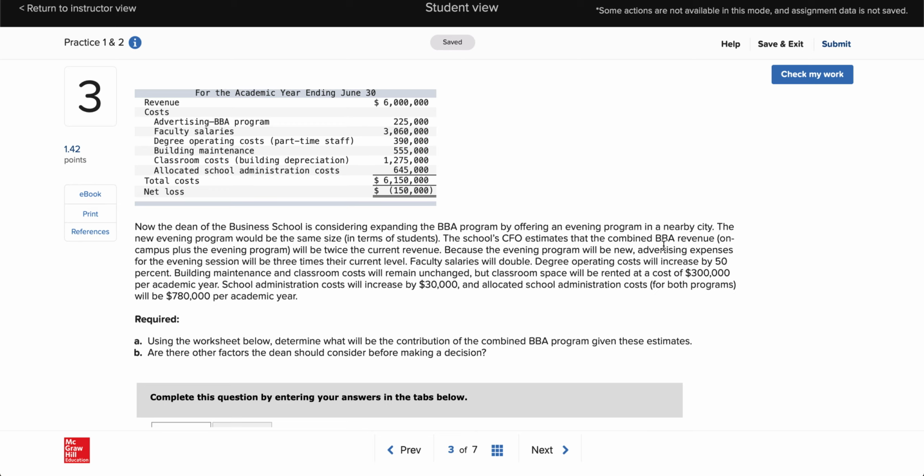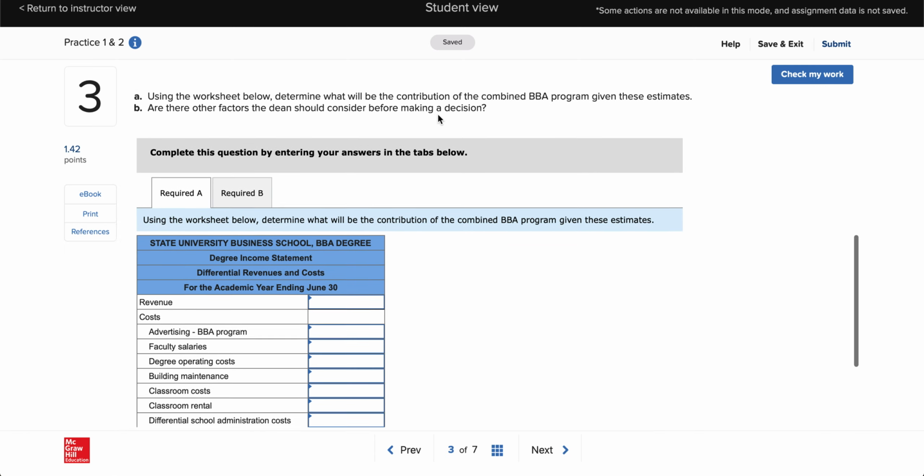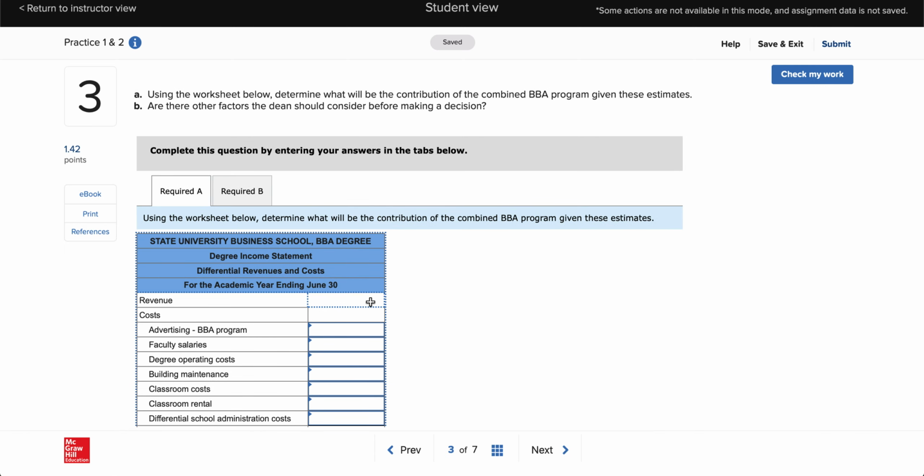The school estimates that the combined BBA revenue would be twice what the current revenue is, and that's just for the BBA program. You have to read these very carefully. Right now, the school's revenue is $600,000, and the BBA's revenue would be twice that amount. So we go down to this section here, and we are looking at $12 million.